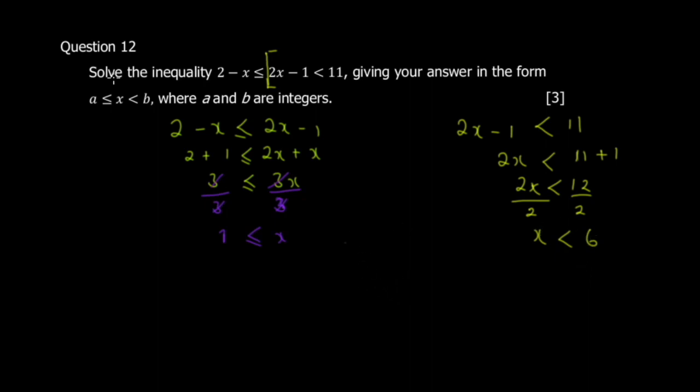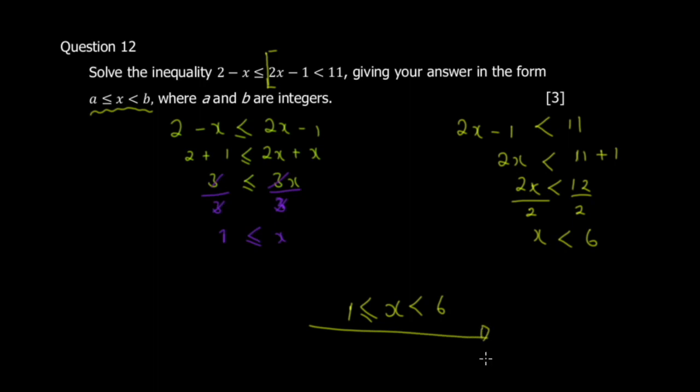Because you're told to express it in this form, you write your x here, then start writing your inequality. This one is facing away from x, so this one will be 6, the larger number. The smaller number goes here, and this one is facing towards x. So I get this, and this would be your answer, and then you're done with the inequality.